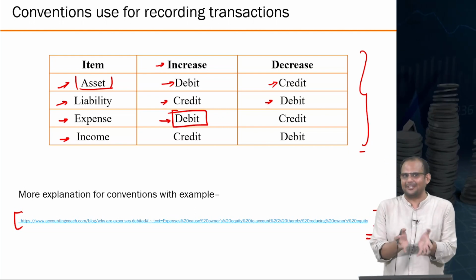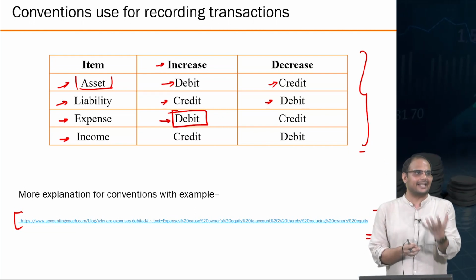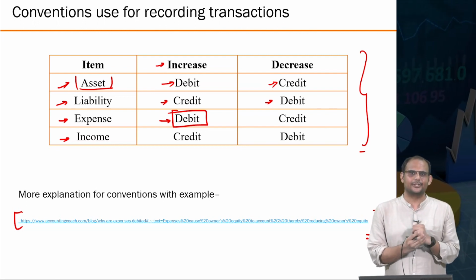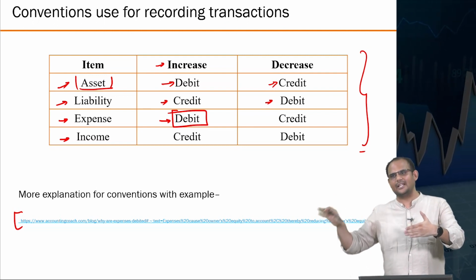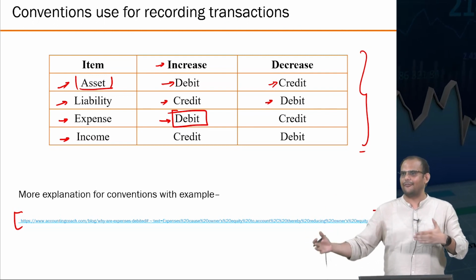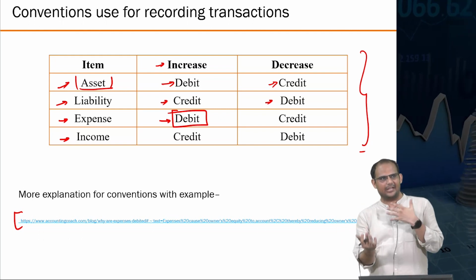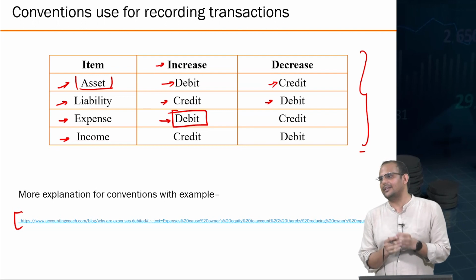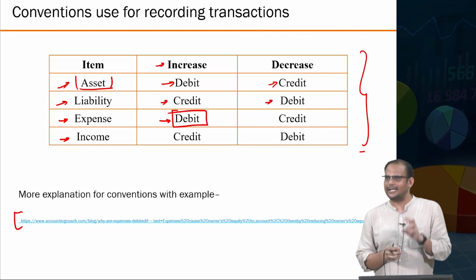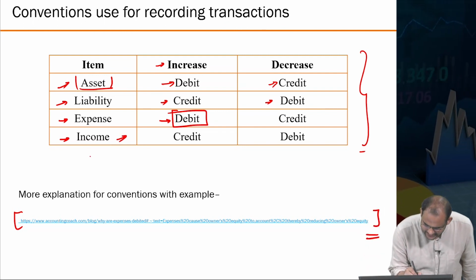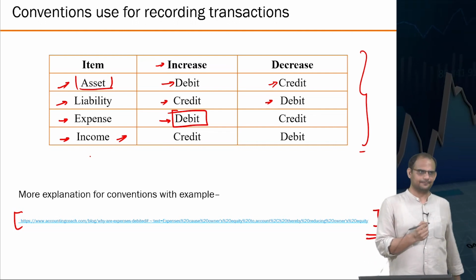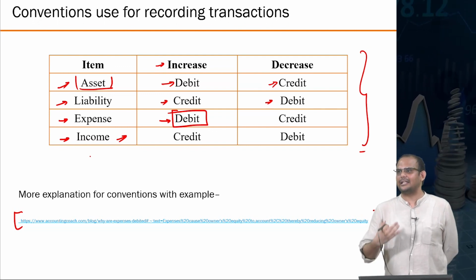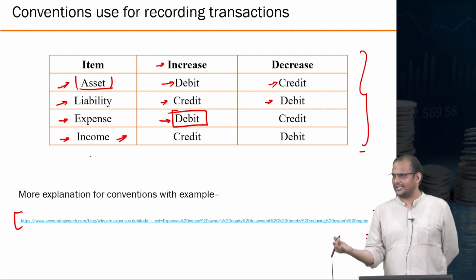For me, I was not able to understand why an increase in expense is debit but not credit. So I am giving an example of that. Any loss is ultimately fueled by somebody, and therefore as a company you are receiving more input of money because you are making losses, and therefore an increase in expenses goes on the debit side. Same logic: an increase in income goes on the credit side, because ultimately that income you have to pay back to the original investors.